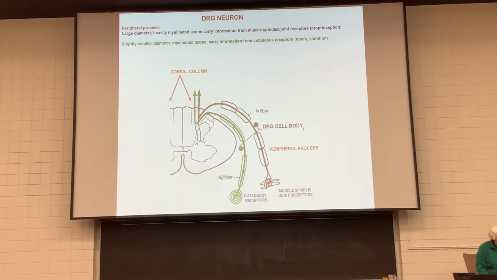So when there's deformation, the mechanical force causes those channels to open, allowing influx of sodium, called a receptor or generator potential. And if that receptor or generator potential reaches threshold, the action potential is sent back toward the cell body. And that's kind of where we left it, but now we're going to see that it's going to bypass that, and we're going to follow it into the CNS and ultimately up to the cerebral cortex.